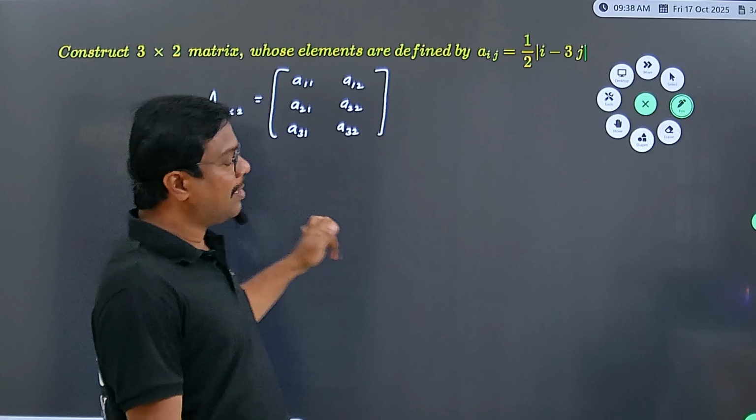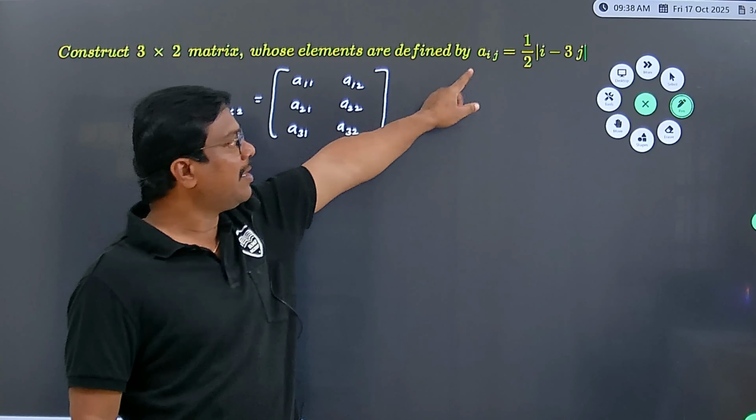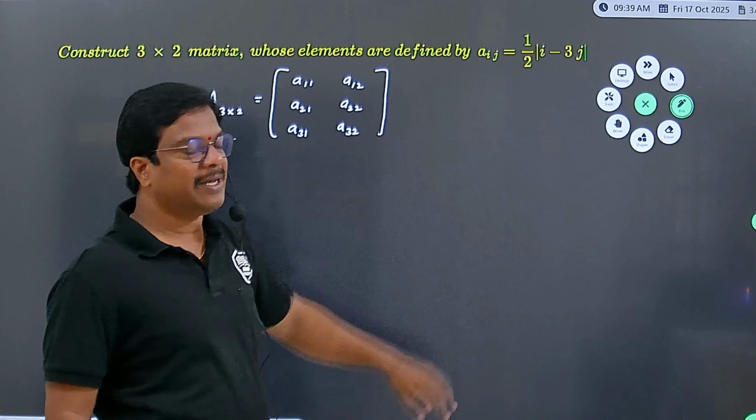Already given in the question, A of ij equal to half of modulus i minus 3j.